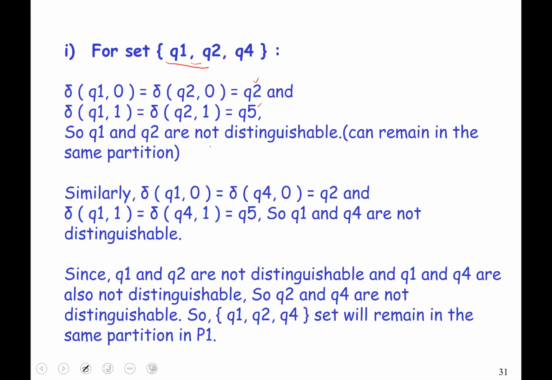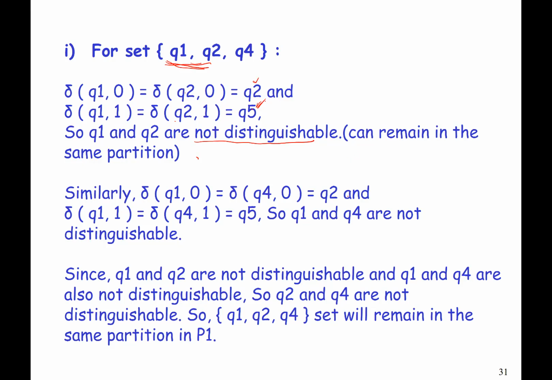And Q1 on a 1 and Q2 on a 1 go to Q5. So as long as they go to the same unique state, that implies these two are not distinguishable. So they remain in the same partition. Q1 and Q2 for now are in the same partition as we look at the next step.